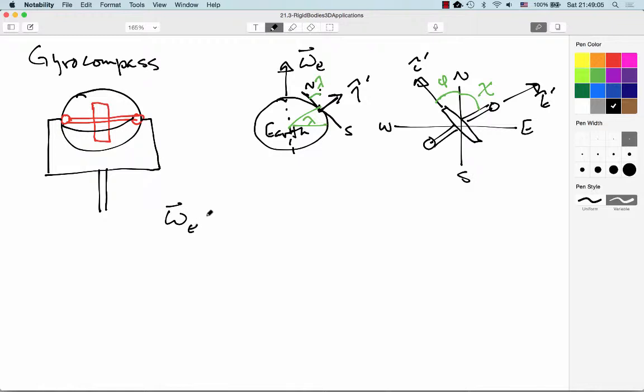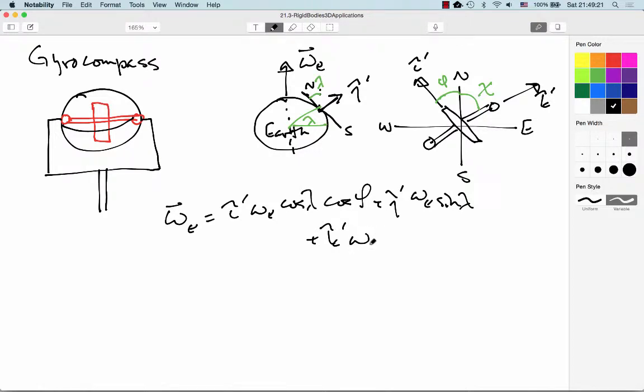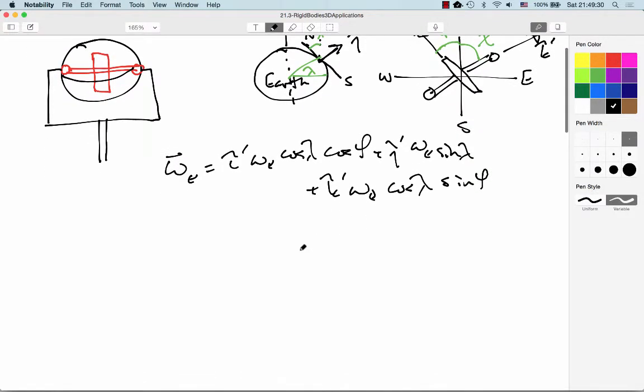All right, so with all of that, we can express omega e in our primed coordinate system. So omega e will be equal to I prime omega e cos lambda cos phi plus j prime omega e sine lambda plus k prime omega e cosine lambda sine phi. All right.